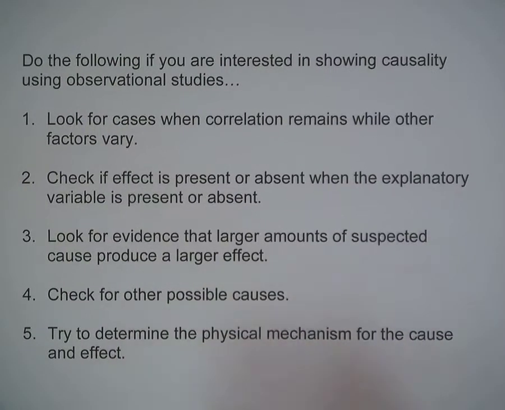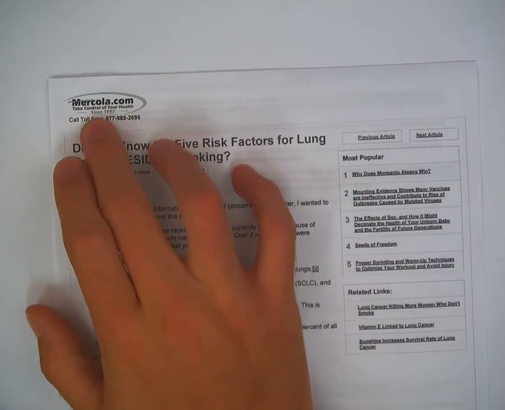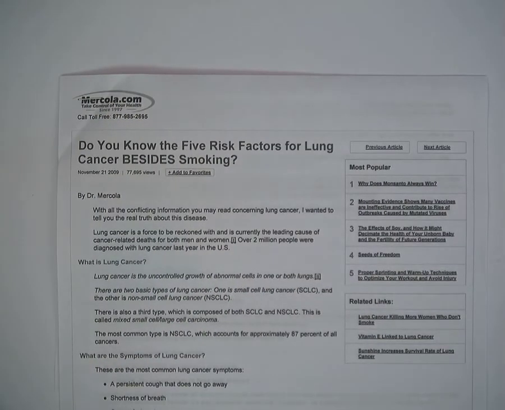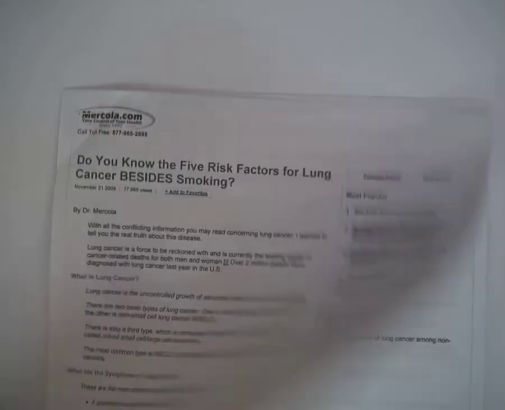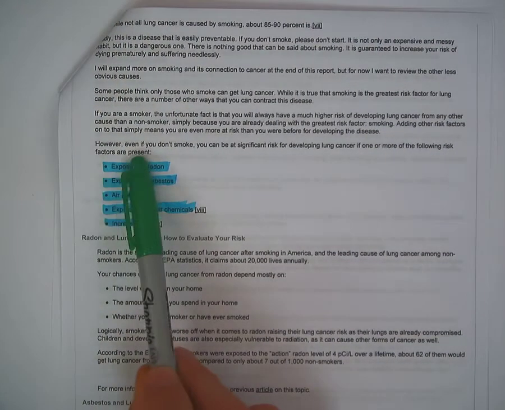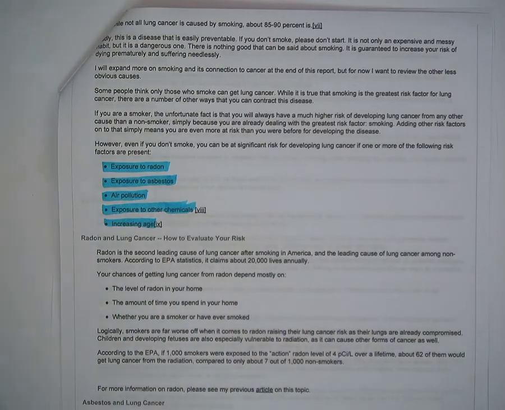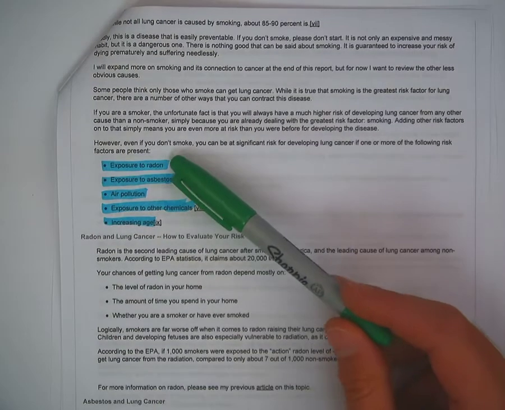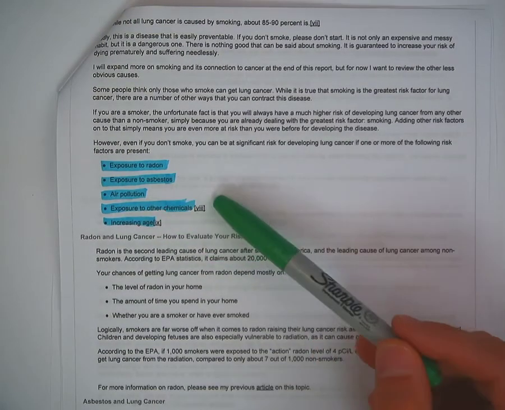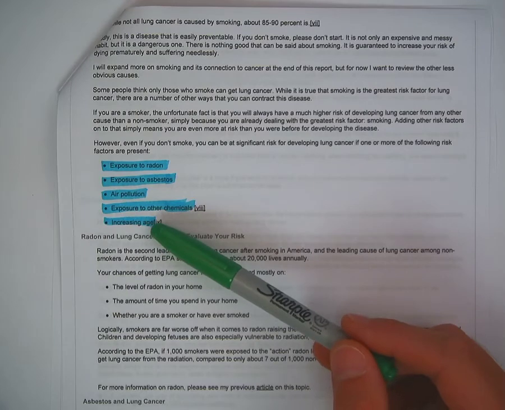The 4th criteria, check for other possible causes. Now we're going to look at a different article from the website Mercola.com, which has been around since 1997. We're looking for other causes. However, even if you don't smoke, you can be at a significant risk for developing lung cancer if one or more of the following risk factors are present: exposure to radon, exposure to asbestos, air pollution, exposure to other chemicals, increasing age.